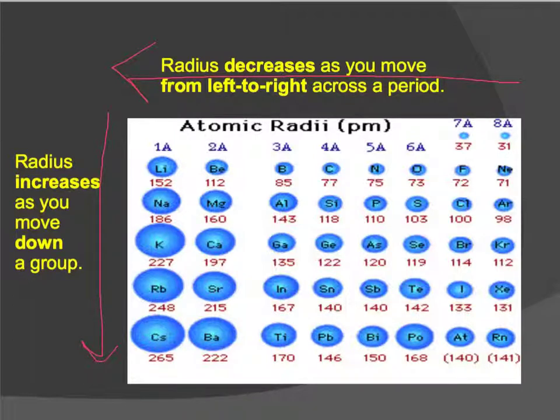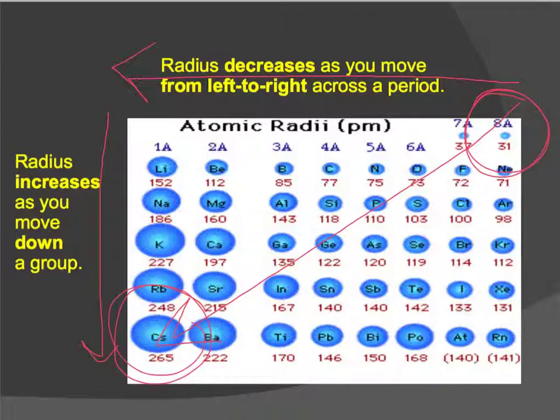So you can see that on here, if we were to draw a line diagonal in that direction, when you start up here in the top right-hand corner, those are the smallest radius or size, and when you end down here in the bottom left-hand corner, those are the largest radius.